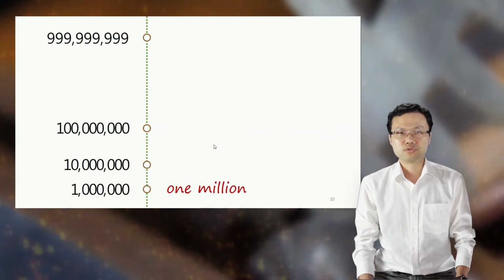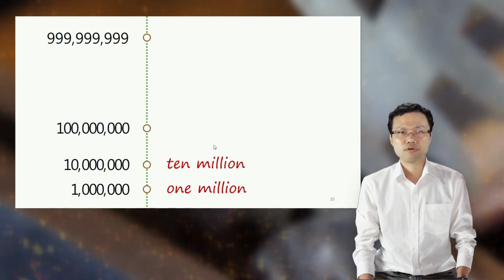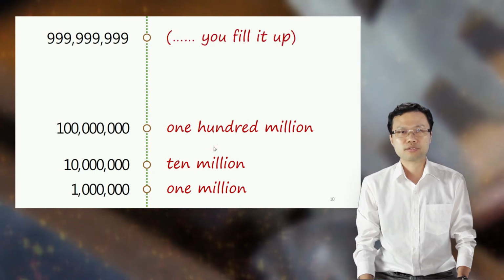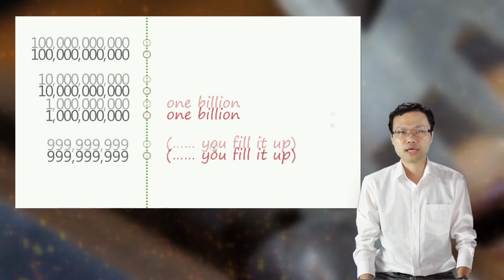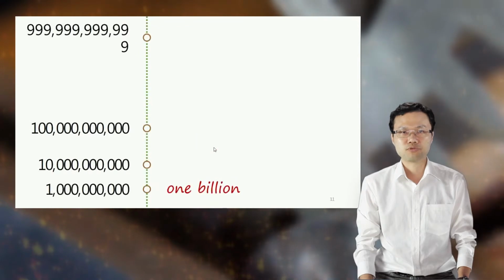Numbers of 7 to 9 digits are counted by million, from 1 million to 10 million to 100 million up to 999,999,999.